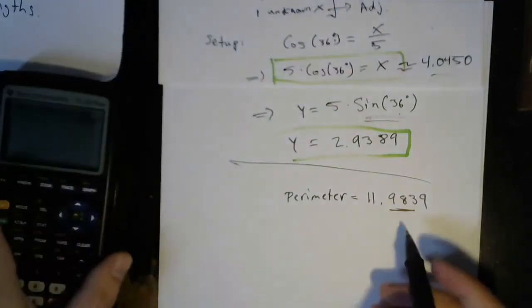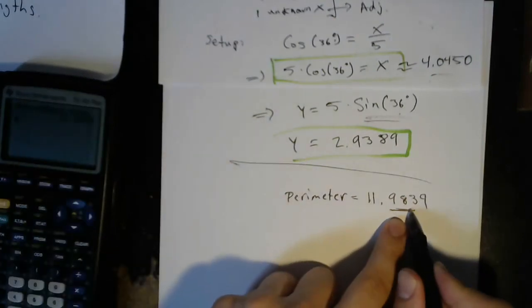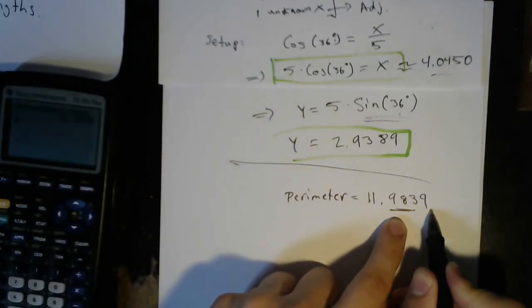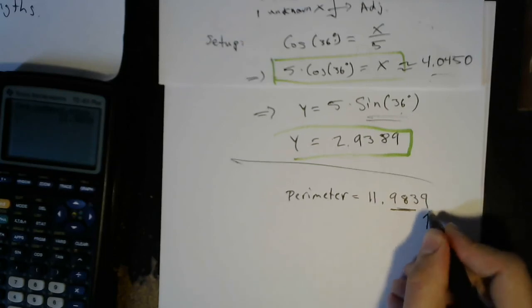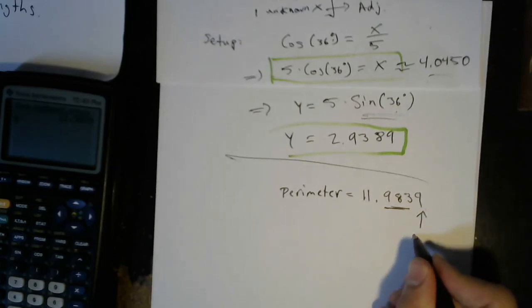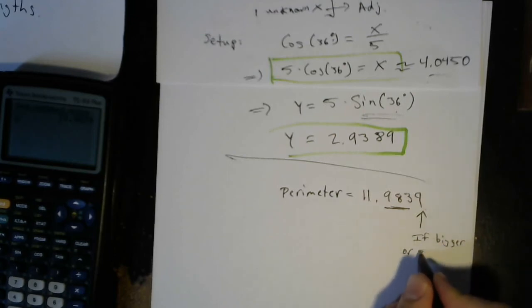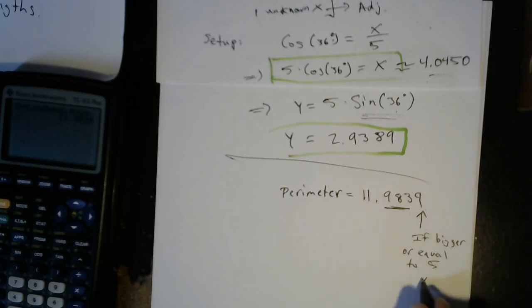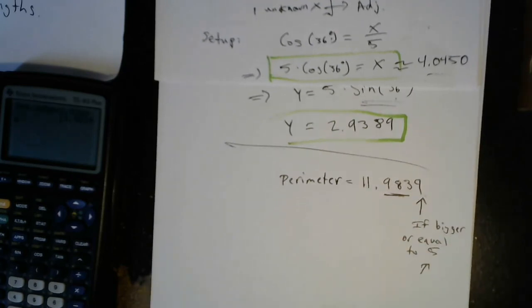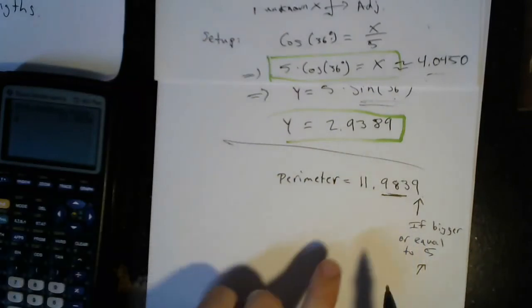So we're rounding to 3. So we keep 3. We look at the 4th. And the 4th one is a 9 in this case. If it's bigger or equal to 5, then we round up, right? So 5 or more go up 1 floor. That's one of the sayings.